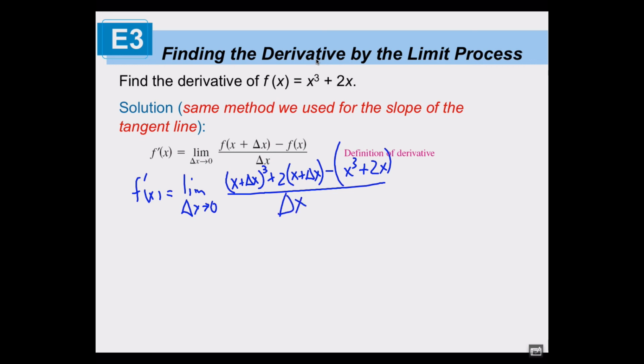Okay, good. So there's the setup. The rest of it's nasty. You have to multiply out the cubic, and whether you use Pascal's triangle or you just grind it out, whatever you want to do there. Things will cancel out, and you'll end up with a nice, pretty answer.